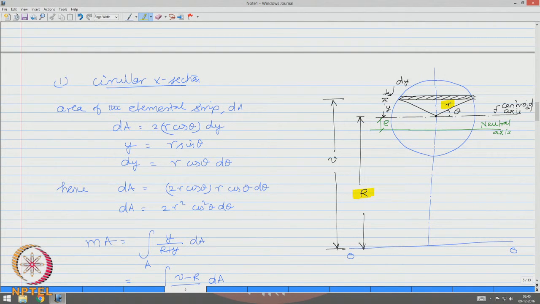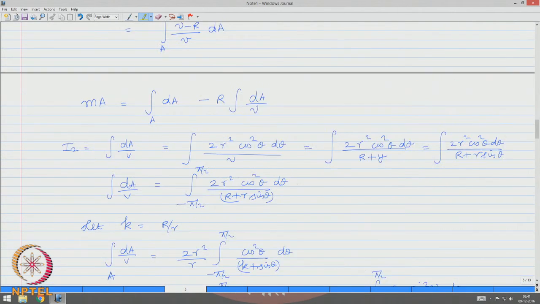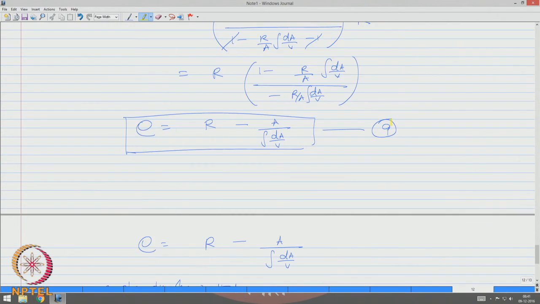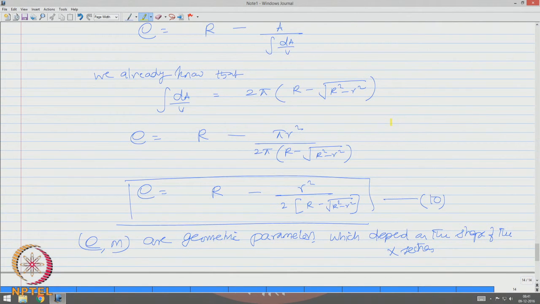If I know these two parameters, I can find E as well as M. That is how we got E and M, which are actually geometric parameters for a circular cross section.